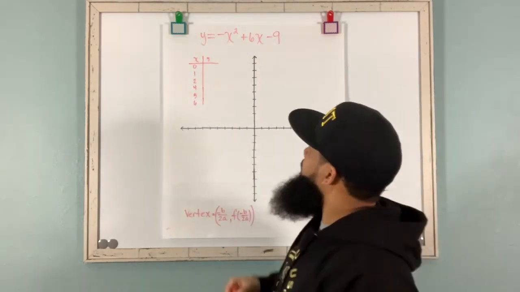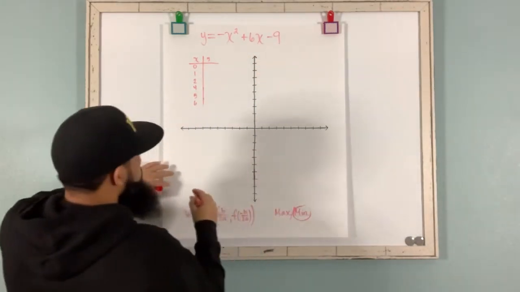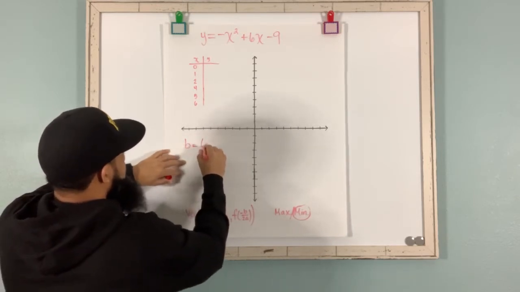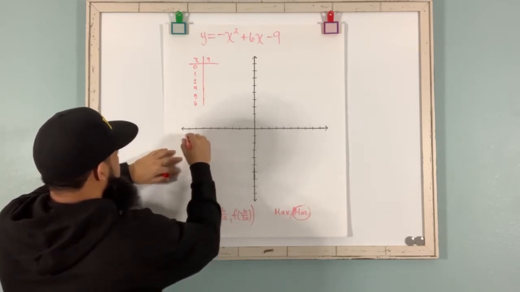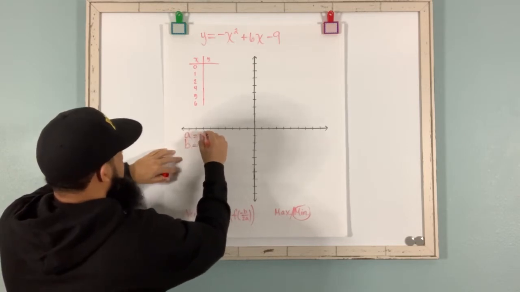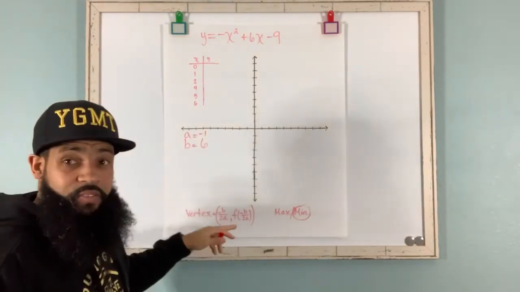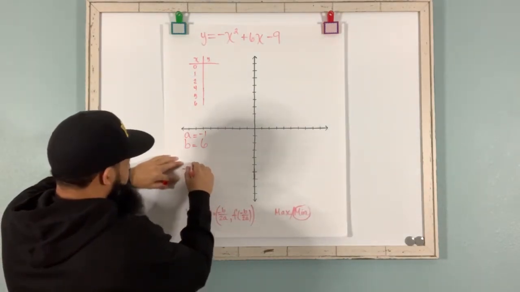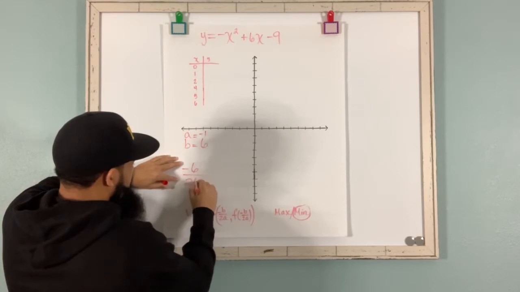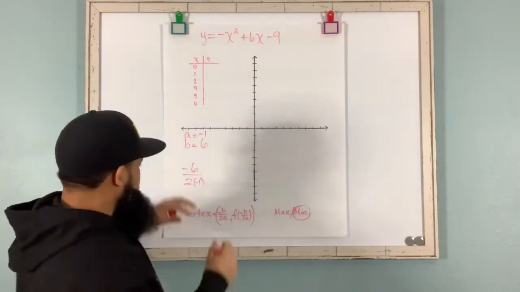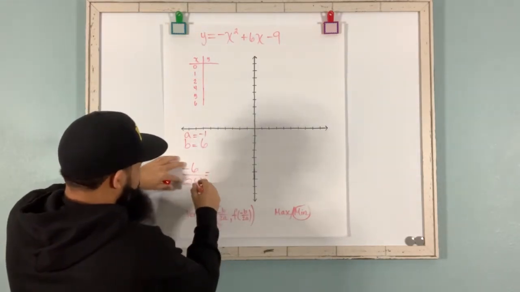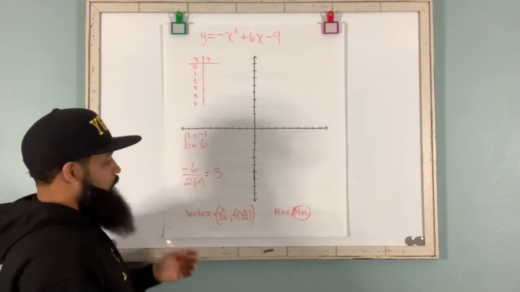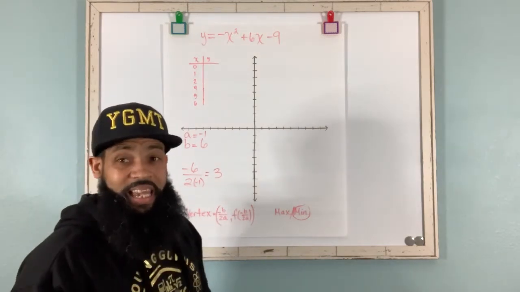In this case, b is equal to 6, a is equal to negative 1. So negative b over 2a is negative 6 over 2 times negative 1. That simplifies to negative 6 over negative 2, which is positive 3. So the axis of symmetry is at x equals 3.